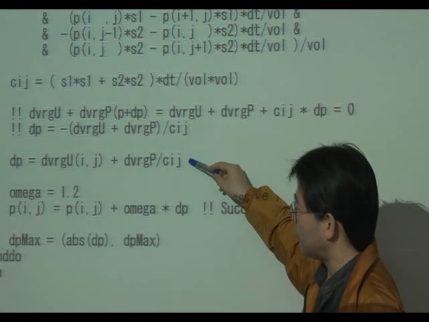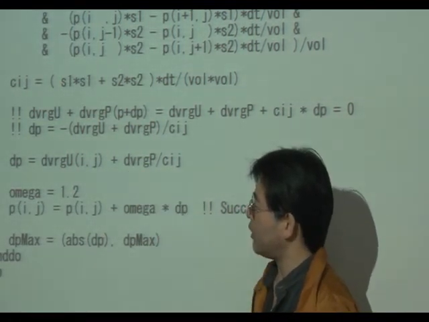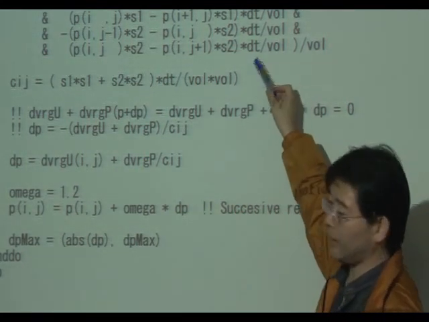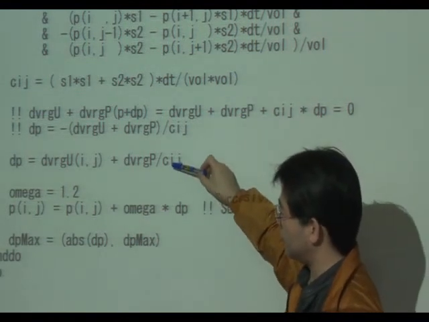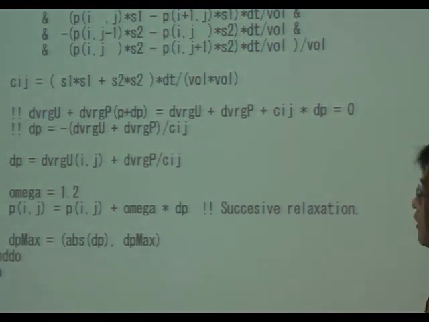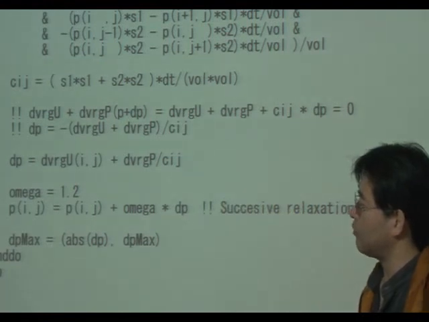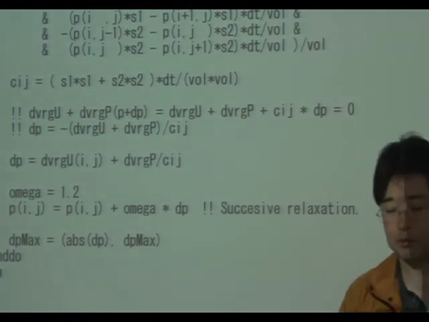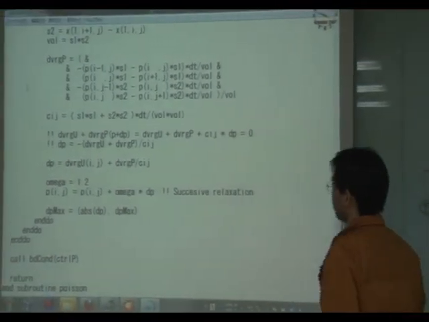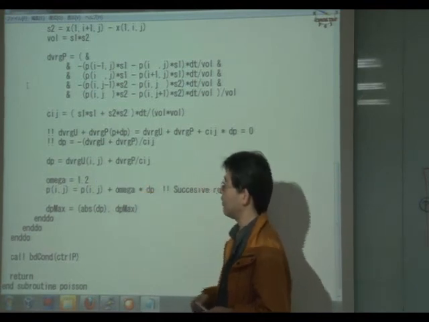But it is on the assumption that Uij is changed, pressure Pij is changed, but other pressures are not changed. This value is on the assumption. So the result does not go directly to divergence-free velocity field. So we need other mechanism of acceleration.